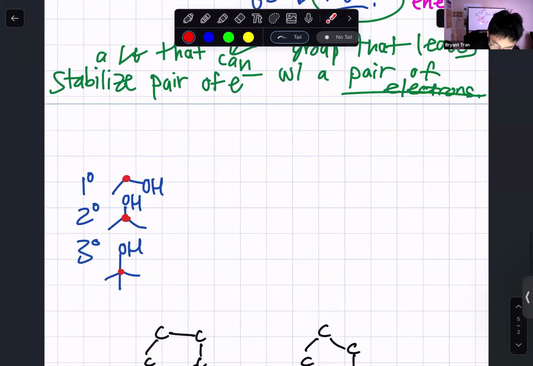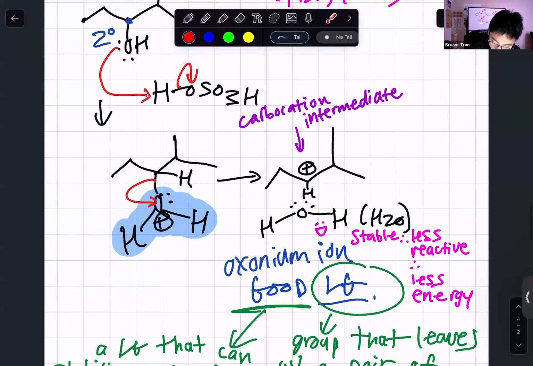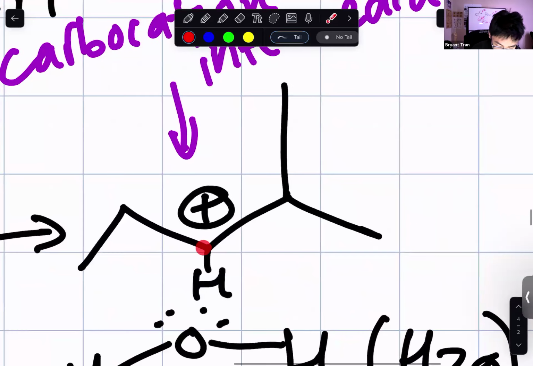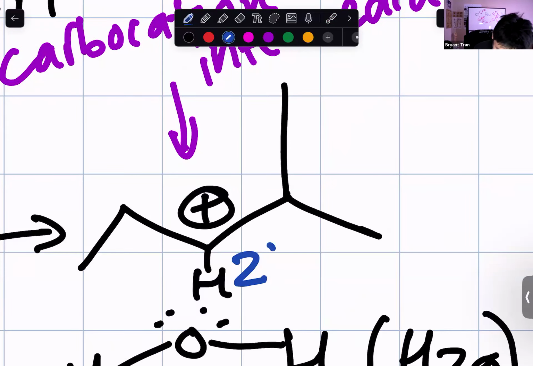Yeah, of course. Okay, so now once we understand the carbocation stability, we then see what type of carbocation we formed in the intermediate, which is a secondary carbocation.